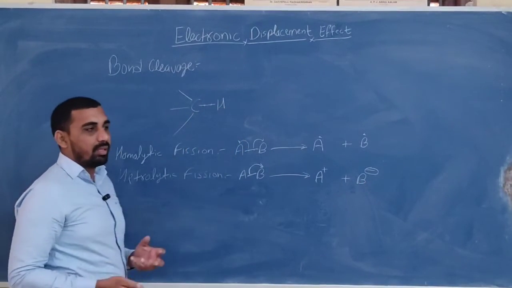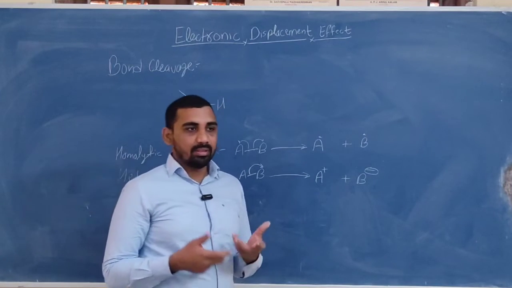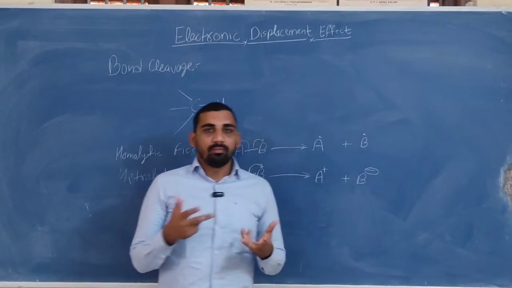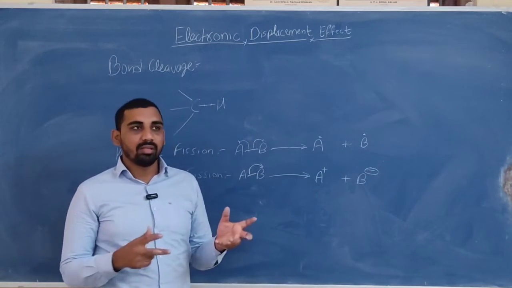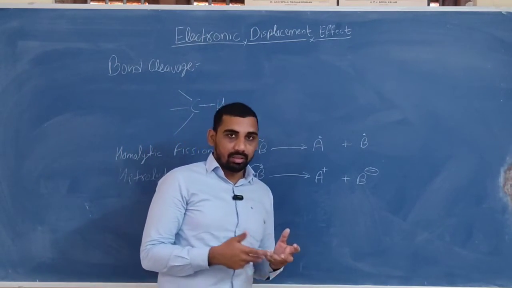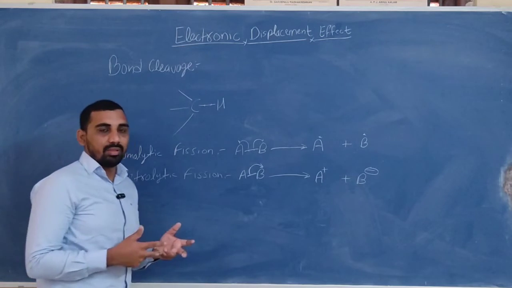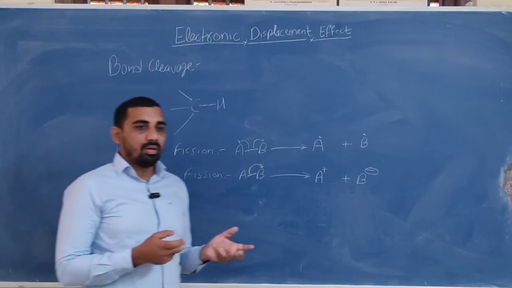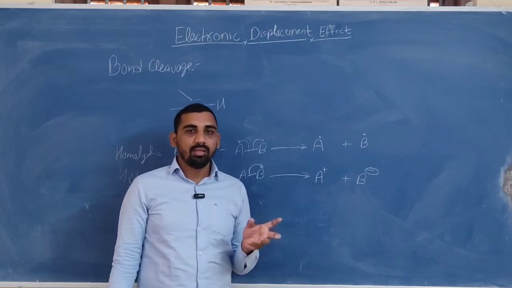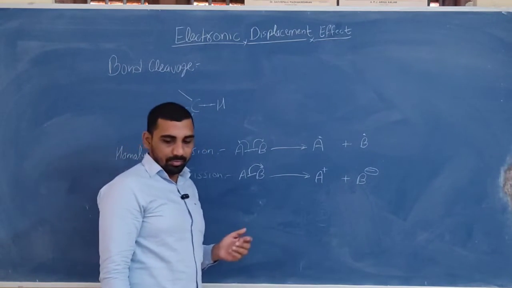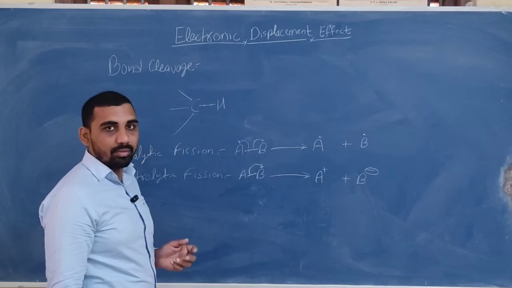Reactive intermediates. In any reaction, there is reactant and product, but during the formation of product from reactant, there are some intermediates, reactive intermediates, which form during the reaction, which are not obtained in the final product, but take part in the reaction mixture. We will see them now.